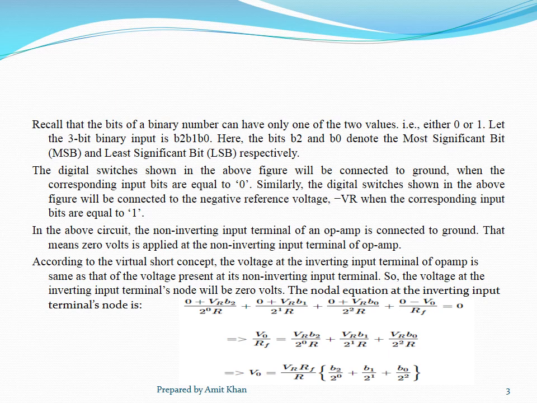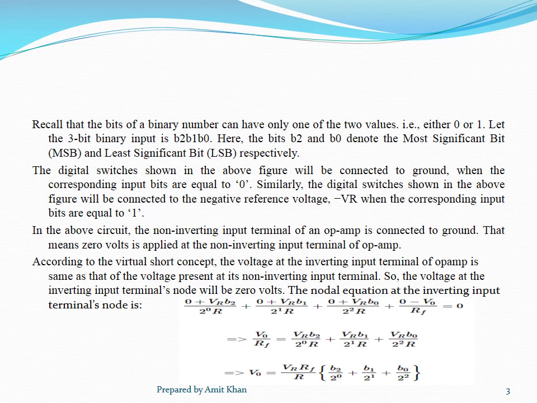So B2 is MSB and B0 is LSB. The digital switches shown in the figure will be connected to ground when the corresponding input bits are equal to 0. Similarly, the digital switches will be connected to the negative reference voltage minus VR when the corresponding input bits are equal to 1.